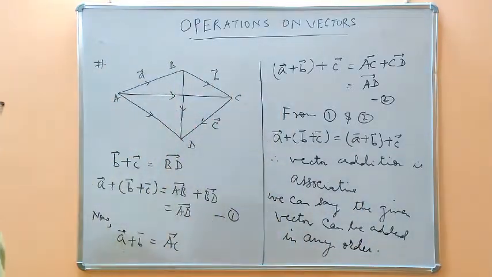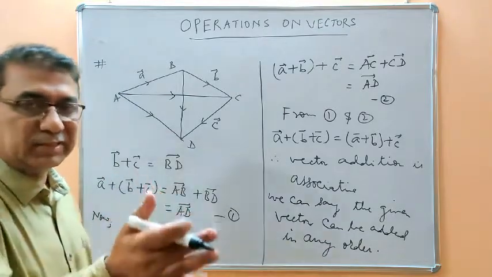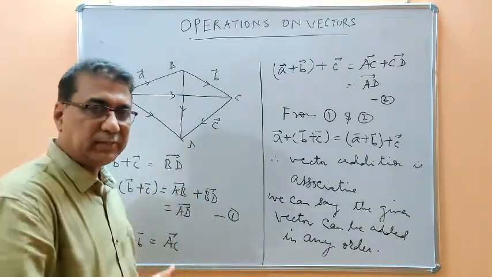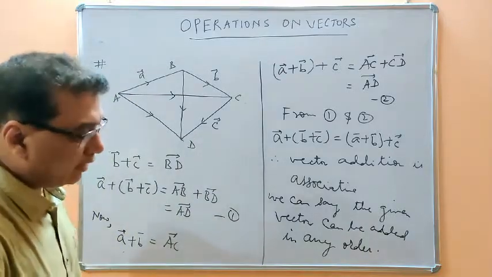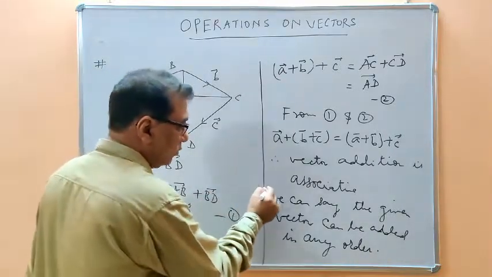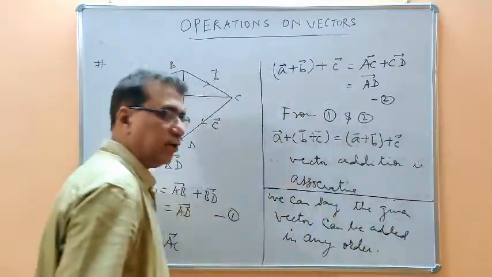Order doesn't matter here, whether we write A plus B plus C or A plus C plus B or C plus A plus B, anything. Even if you add D, we can add in any order. So this is a very important conclusion. It will help us in numerical questions.